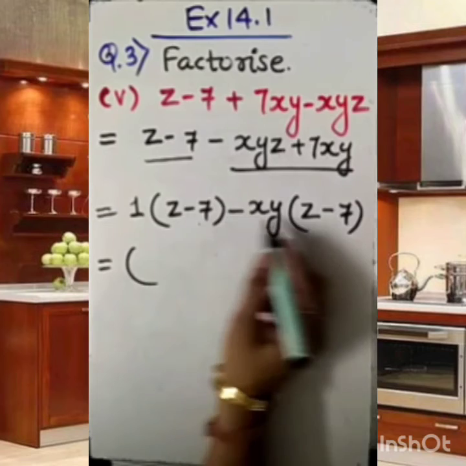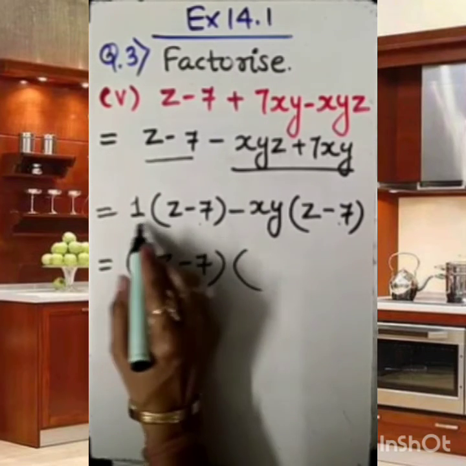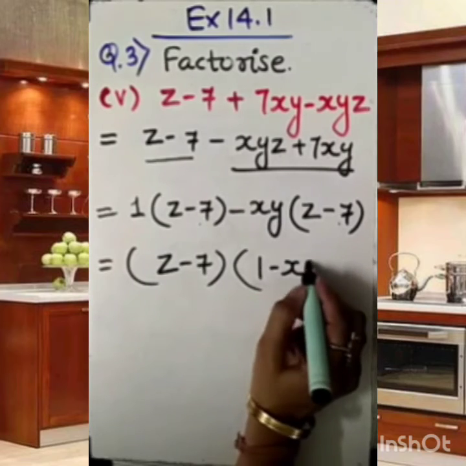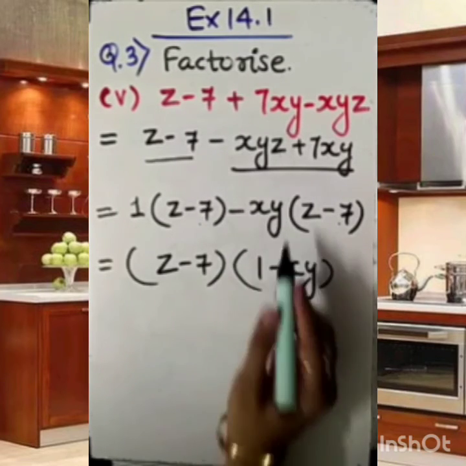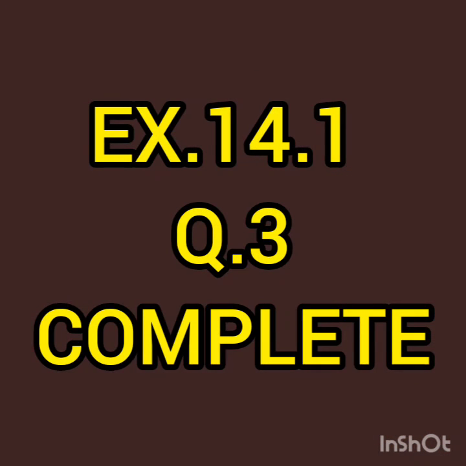So we will have z minus 7 in one bracket, and in another bracket, 1 minus xy. So these two are the factors: z minus 7 and 1 minus xy. This is the complete solution of exercise 14.1.